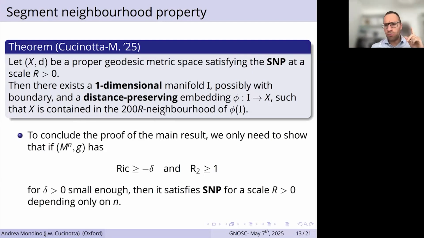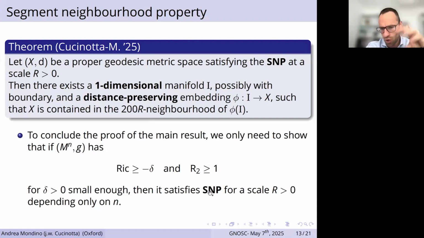Now, in order to conclude the proof of the statement for manifolds, what we need to show is that if we have an n-dimensional manifold with almost non-negative Ricci and, say, R2, the sum of the smallest two eigenvalues of the Ricci, bigger or equal than 1, then this manifold satisfies the segment neighborhood property for some scale.